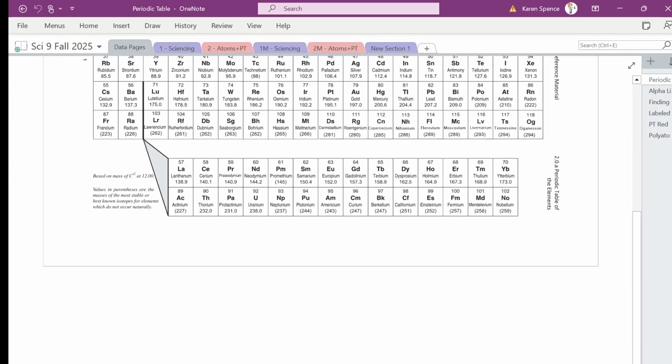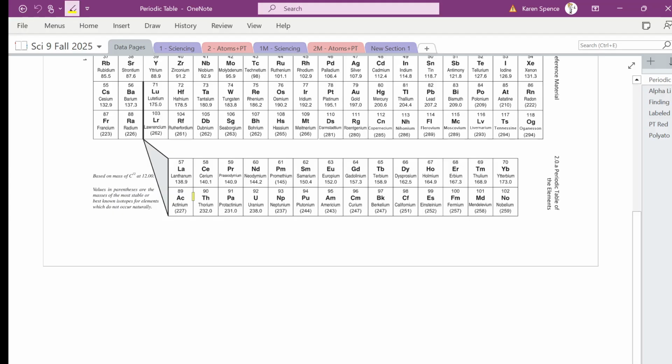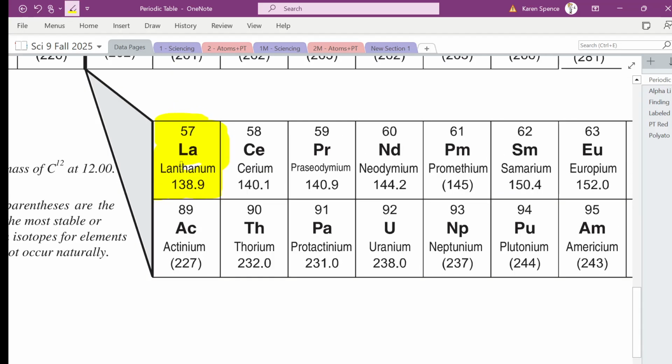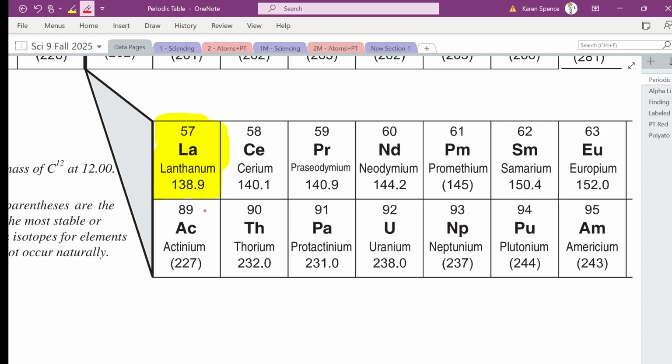Because if we look on our periodic table, the very first element in the row below is lanthanum. Lanthanum. And that means that that whole row that starts with lanthanum, those are called the lanthanides.